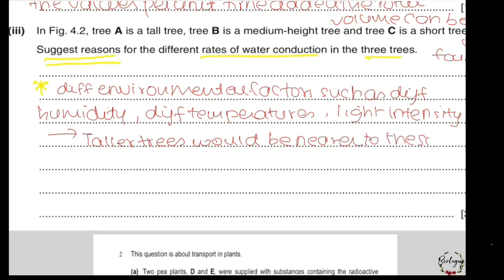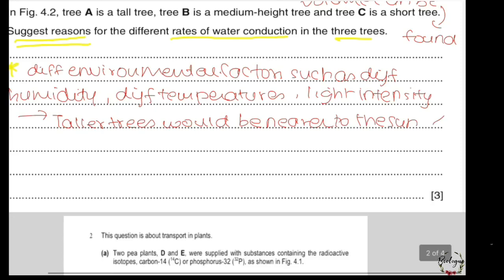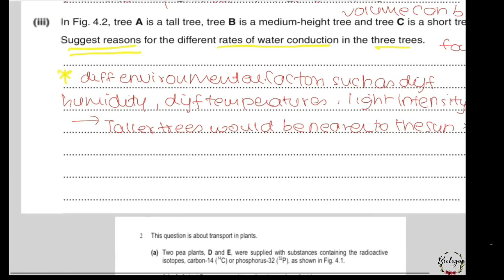So they will again have greater light intensity, so greater amount of transpiration, so greater water uptake. Alright, so you have to link it back to this idea right here. Alright, moving on to the next point.